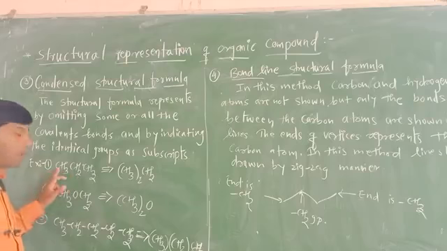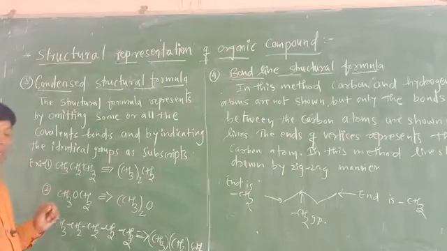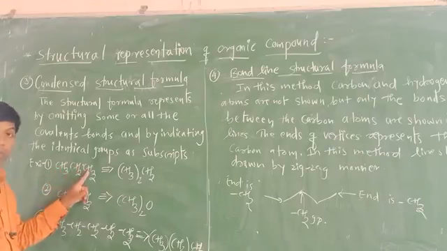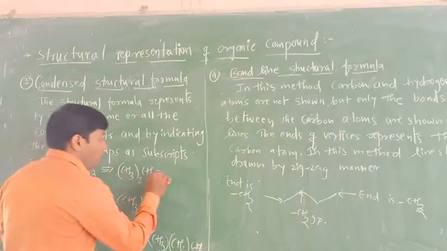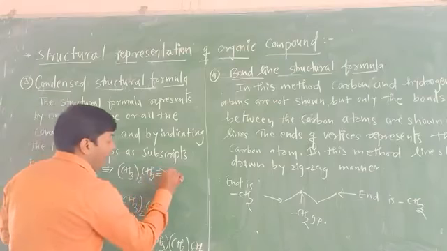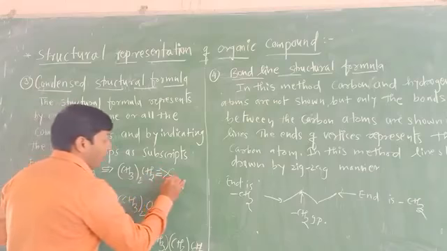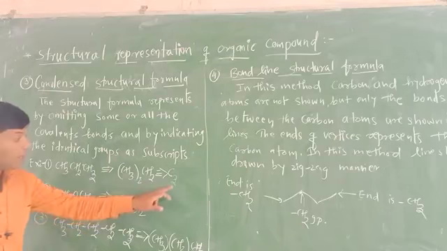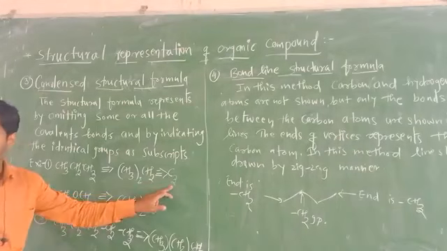Which are the 2 atoms? Carbon and hydrogen. See here, in this particular example, 1, 2 and 3. The carbon atom is repeatedly present 3 times. So that's why I can write a subscript 3.